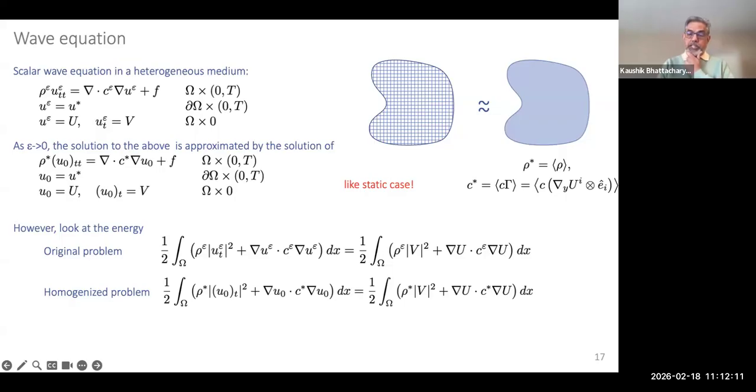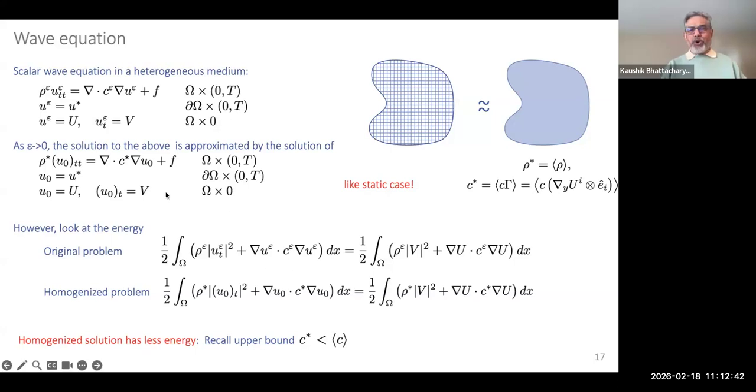And we know that that is actually strictly larger than the modulus given by C star. So what we find is that somehow we have lost some energy. This is the energy in the original problem. This is the energy in the homogenized problem. So homogenization led to a loss of energy.